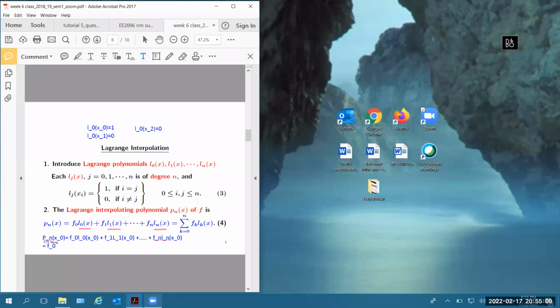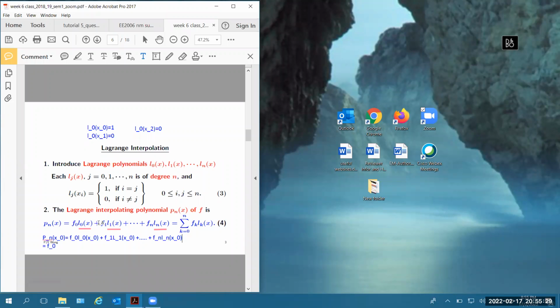If you do all this, you realize that your L0 x0 is 1. So this term will give you 1, which means you get f0 times 1. Then your L1 x0, what is L1 x0?